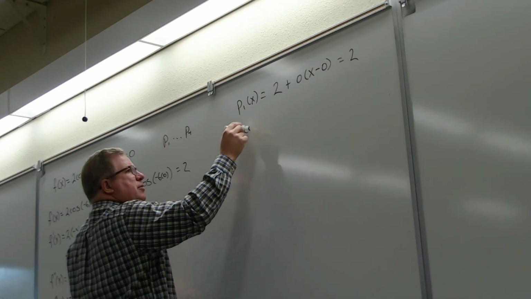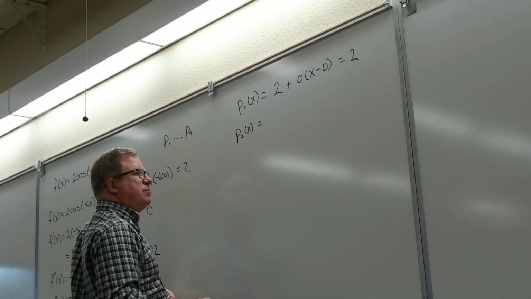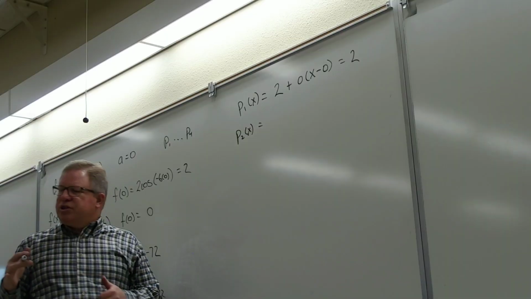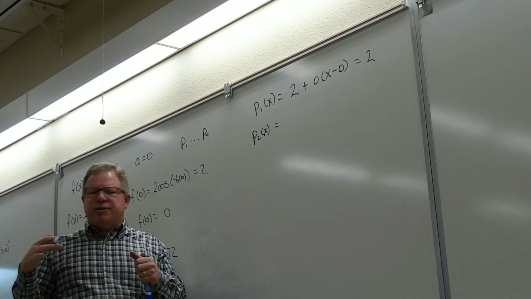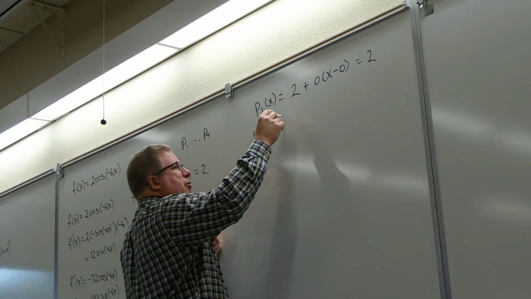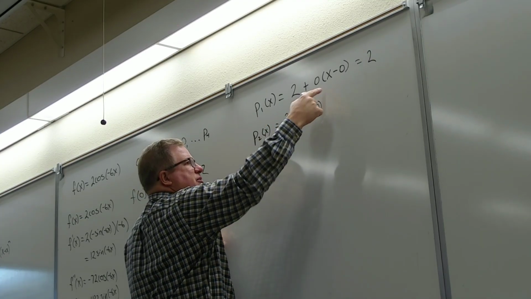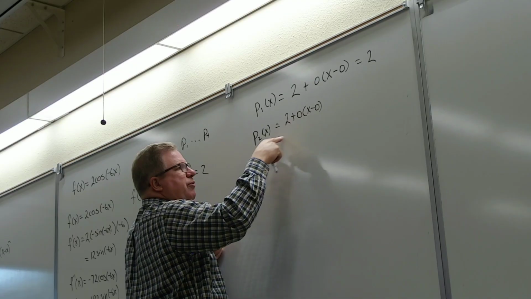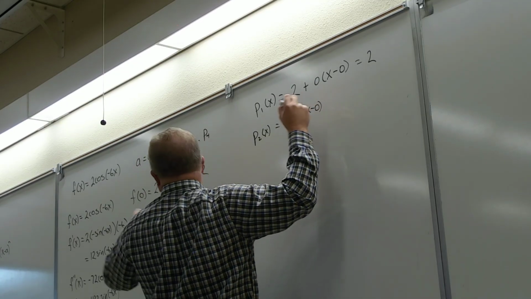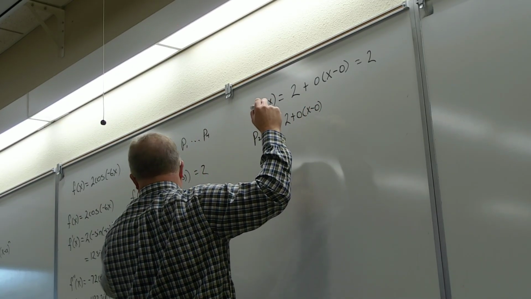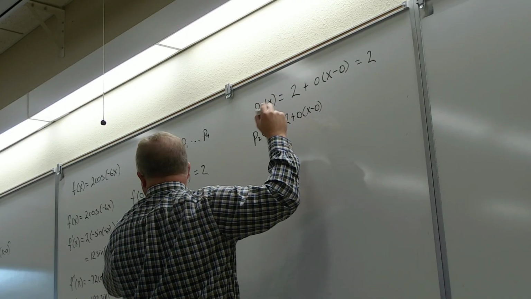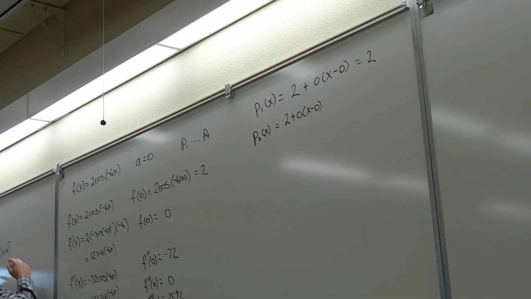P2 of x. I'm going to write a bunch of detail here, and then I'm not going to write this detail in the future, but it would be 2 plus 0 times x minus 0. This is to the 1 power. This is over 1 factorial. Now for the quadratic term, we got negative 72 here for the f double prime of a.